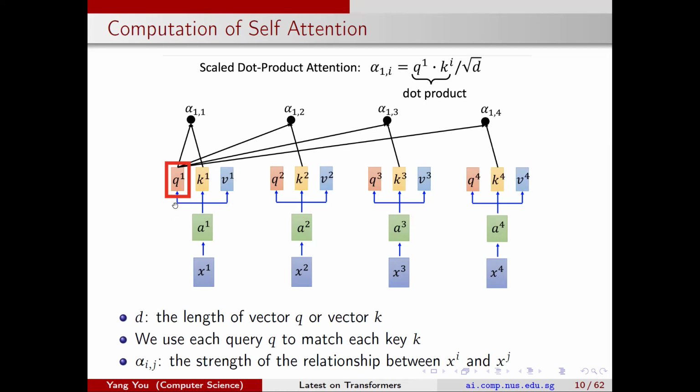So how can we build a relationship between them, from 1 to 2 or 1 to 3? So here I mean 1, 2, 3, 4. How can I build a relationship? We actually just do a dot product between Q and K, between my query and your key.